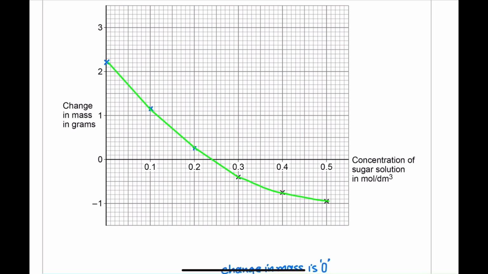And at 0.2, we need to plot 0.25. Then we need to draw the line of best fit, which is a curve between all these points. Students usually make a mistake. They try to draw a straight line between the first and the last point.